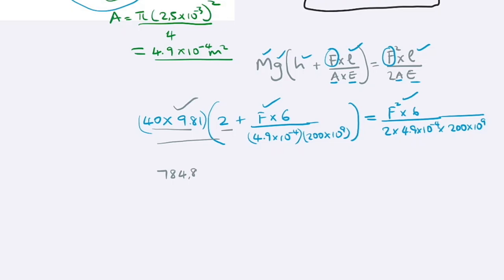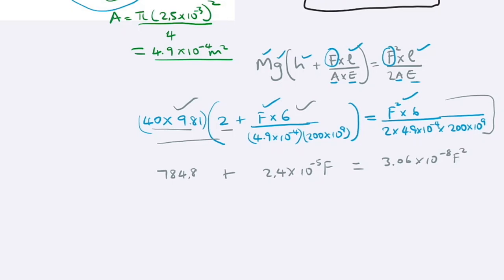Then when you say this and this, plus, you're going to get 2.4 times 10 to the exponent negative 5 F, then equal to this. It's going to give you 3.06 times 10 to the exponent negative 8 F squared.